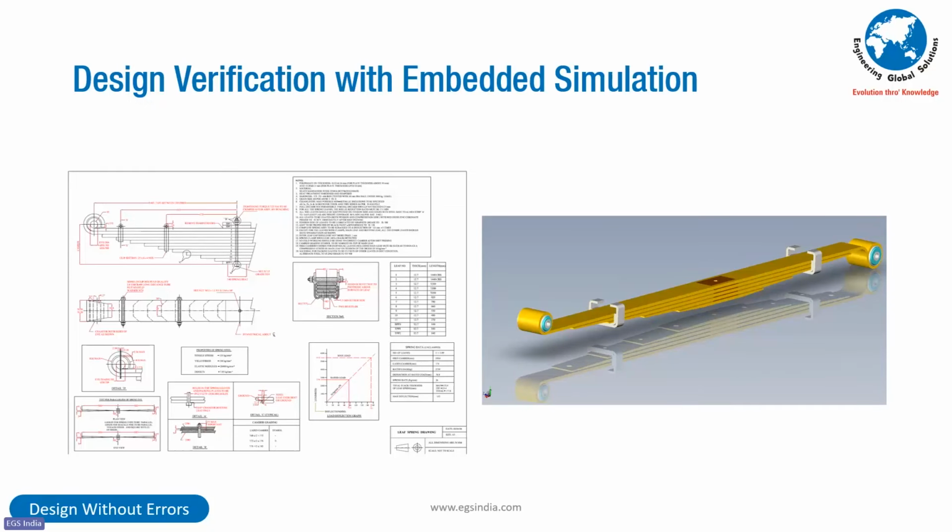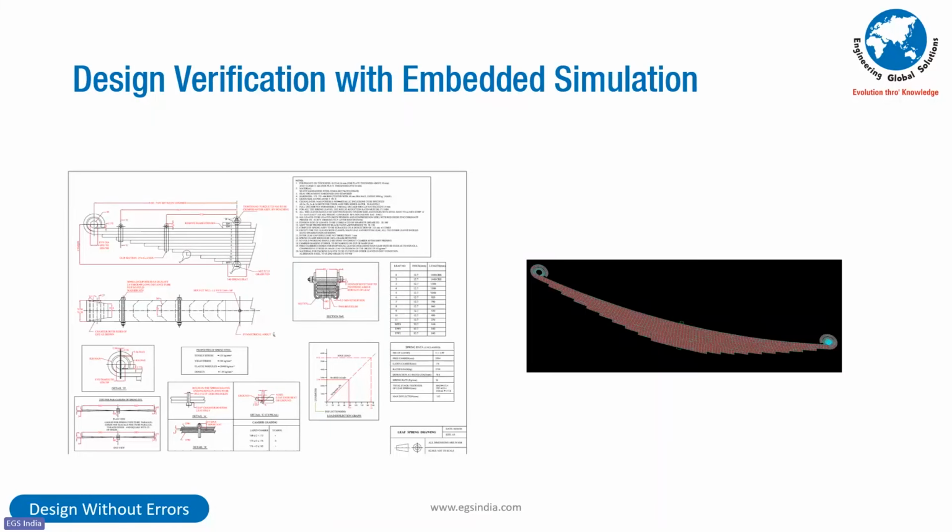The number of leaves, the parabolic curvature of the leaves, how to arrive at those parabolic curvatures in terms of the heat treatment process that you go through further down the line can be simulated. The bending life can be simulated. The effectiveness of the individual leaves can be studied.